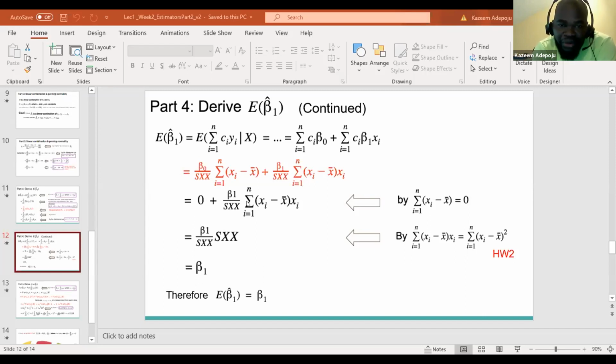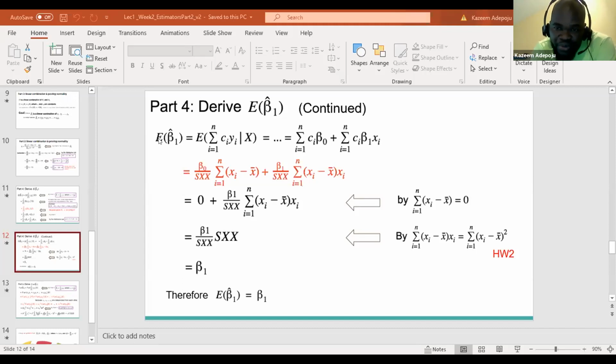Now, if you take a look at what I have here, the summation of xi minus x bar times xi, it is the same thing as this, and that is going to cancel that. If this cancels that, I have beta 1.